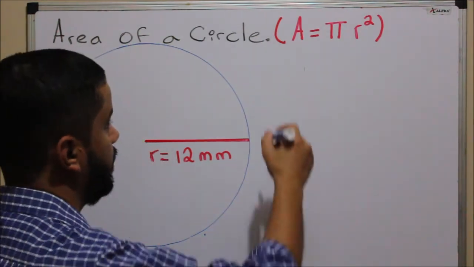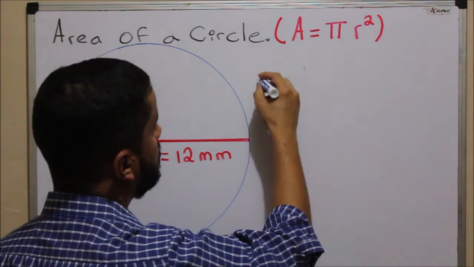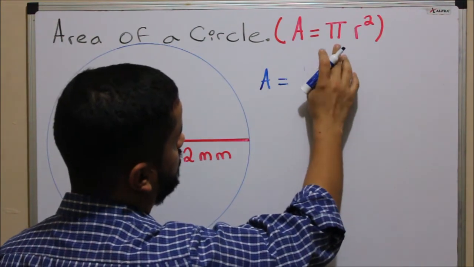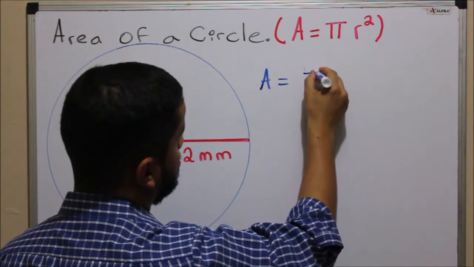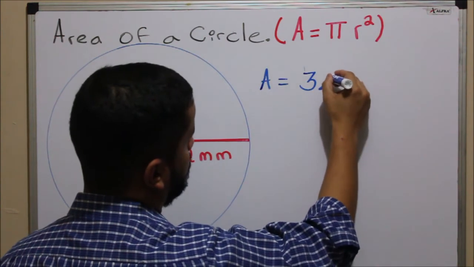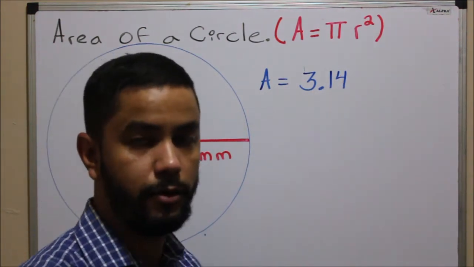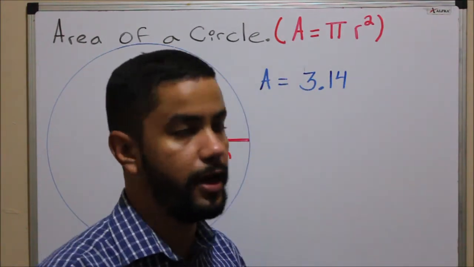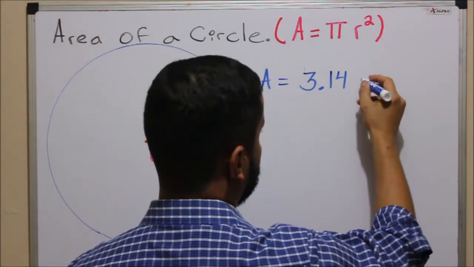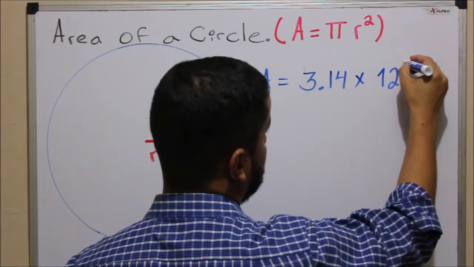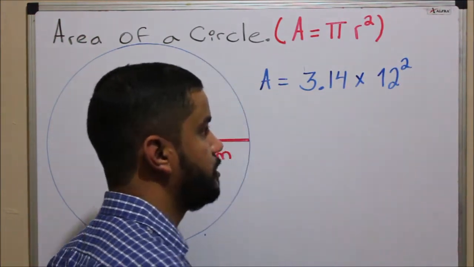Area will be equal to pi, which is 3.14, multiplied by the radius squared. So we're going to have 12 squared.